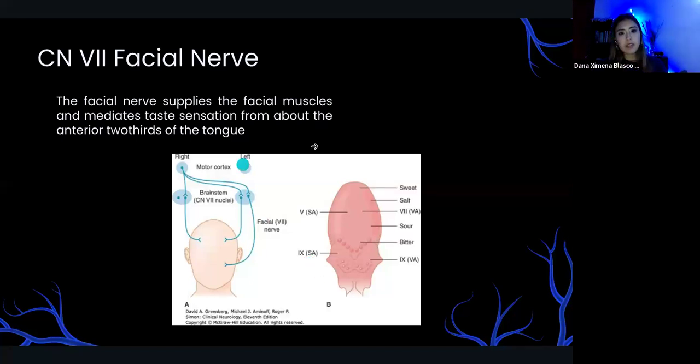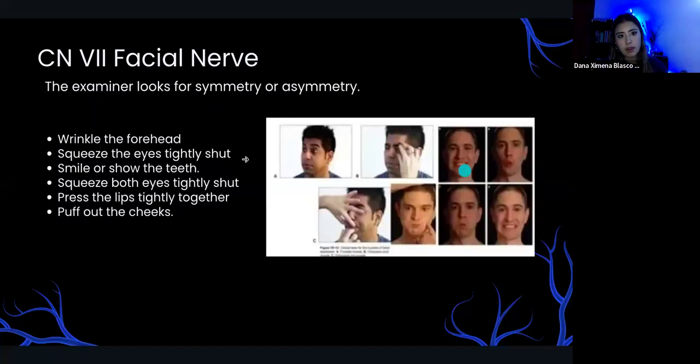Okay, so we're going to evaluate this part. The examiner is going to look for symmetry or asymmetry in the facial nerve. Why? Because a common pathology of the facial nerve is facial palsy.